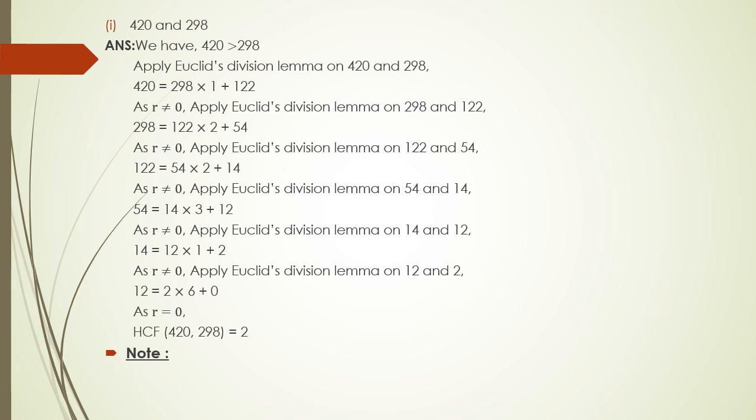With this, I would like to tell a note to you. Sometimes they will ask you to show, by using Euclid's division algorithm, whether the given pair of numbers are co-prime or not. So we'll see what are co-prime or relatively prime numbers. Two numbers are said to be co-prime or relatively prime if their HCF is 1.